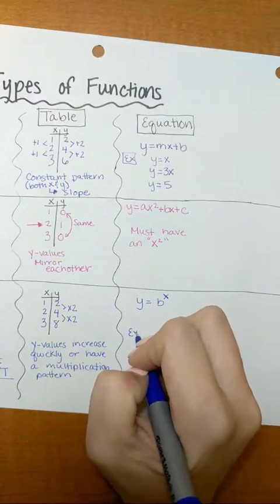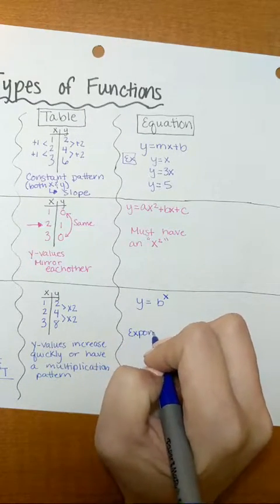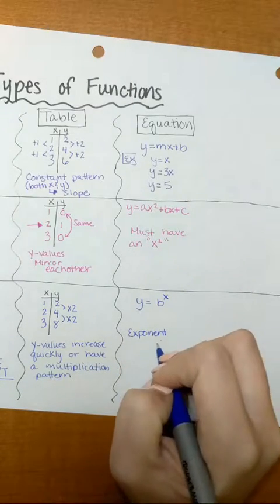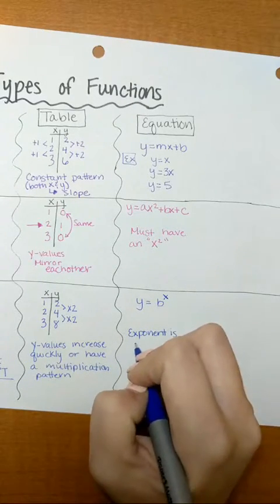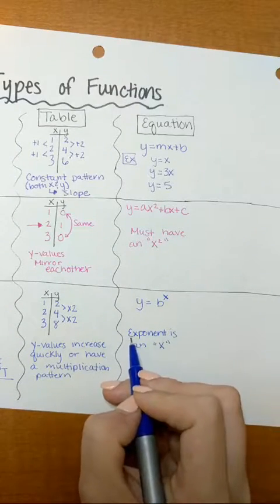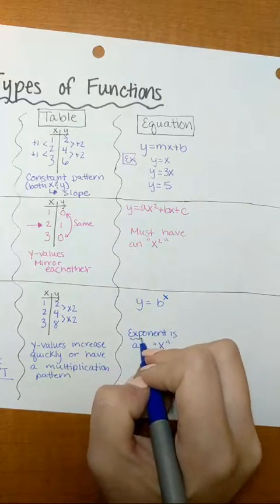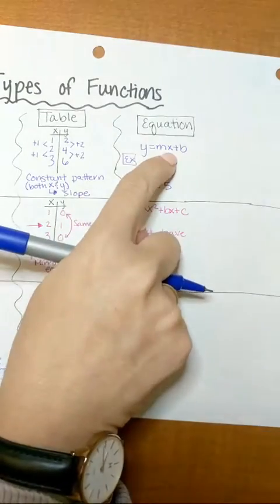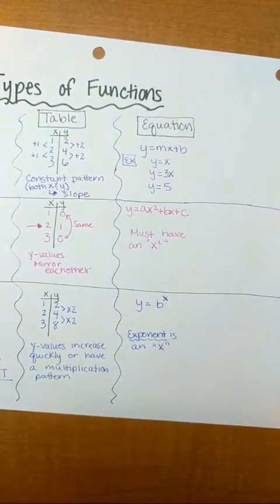So the exponent is an x. But make sure that it's in the exponent spot and there's just not an x like the linear equation will have.